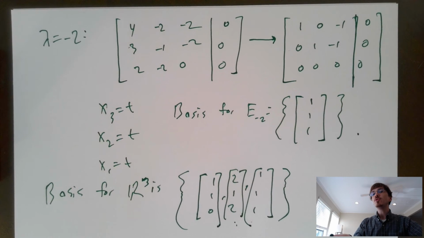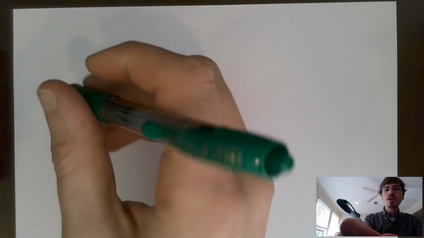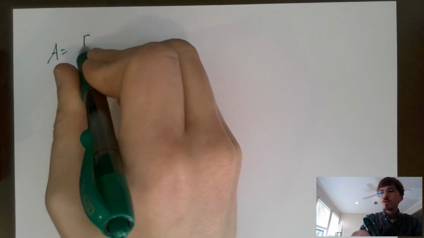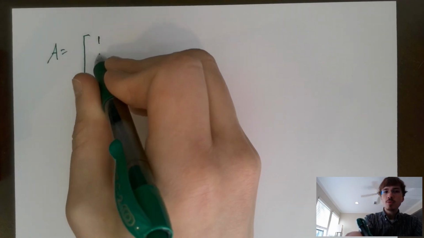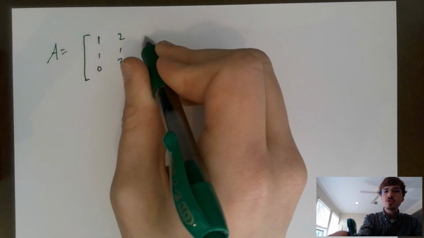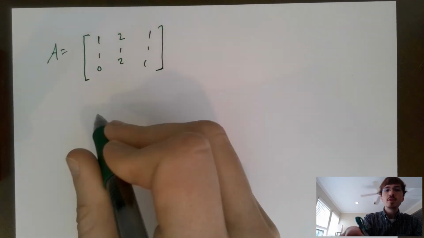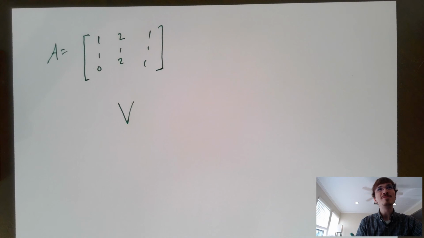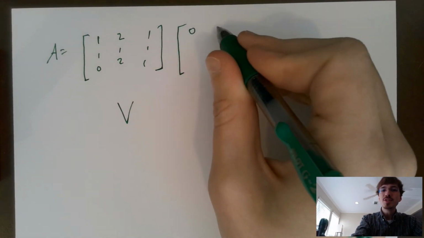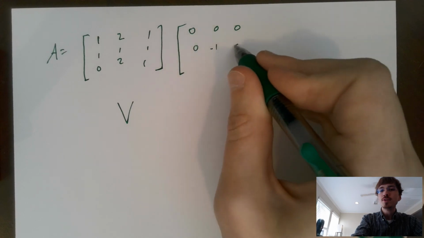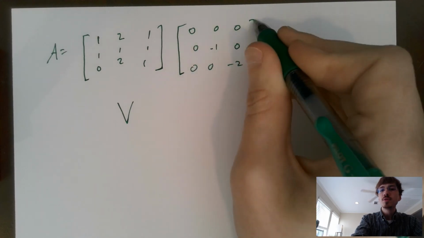So how can we use this to diagonalize our original matrix? We know now that our matrix A will be equal to the matrix 1, 1, 0, 2, 1, 2, 1, 1, 1. Here's my matrix V, right? That's my matrix of eigenvectors. Here's my matrix D, which is 0, 0, 0, 0, -1, 0, 0, 0, -2.